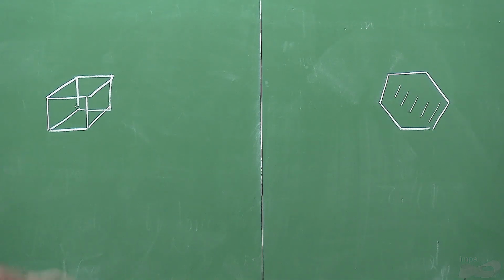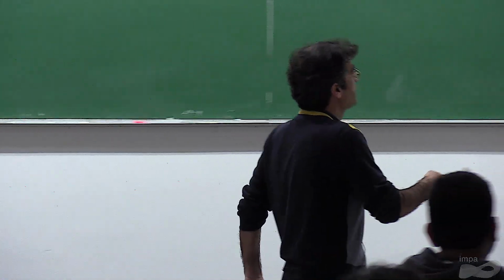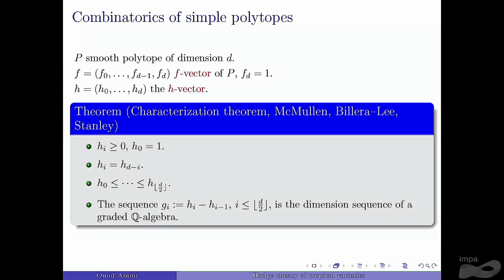And one of the classical problems in the theory of polytopes was to characterize the F vectors. Maybe you have heard of the Euler formula for three-dimensional polytopes. You know that there are relations between the number of vertices, the number of edges, the number of faces of a polytope. This is a generalization. So if I give myself a d-dimensional polytope, I can associate to this polytope a vector F0, F1, up to Fd.